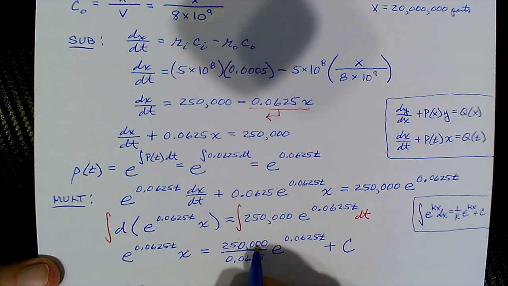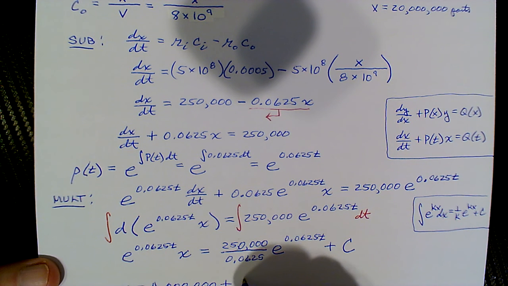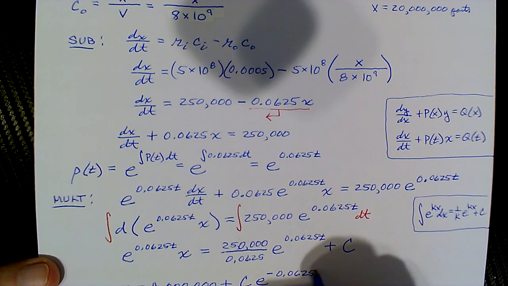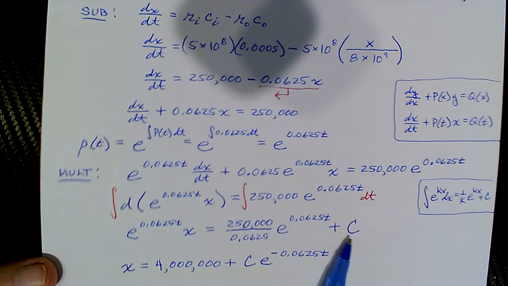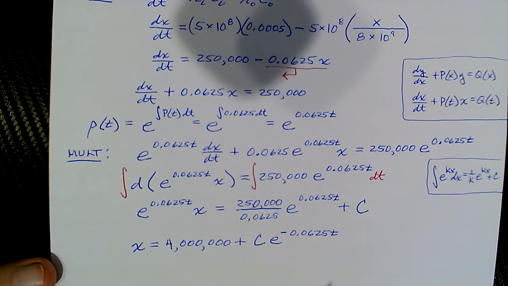We get 250,000 over the 0.0625, which is 4 million. And then plus, let's call it c e to the negative 0.0625t, because we're dividing by e to the 0.0625t and swinging it up to the numerator, and we get a negative.